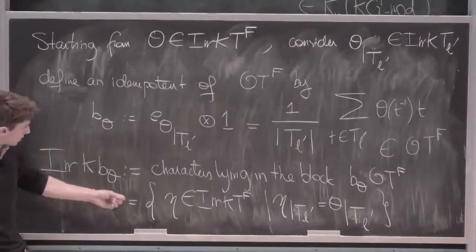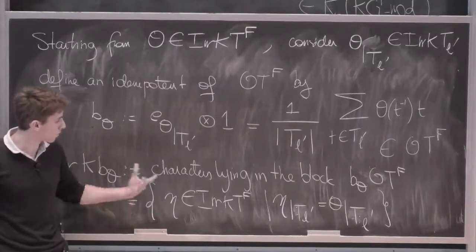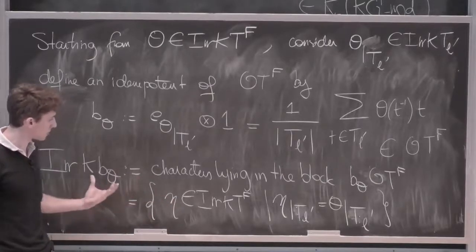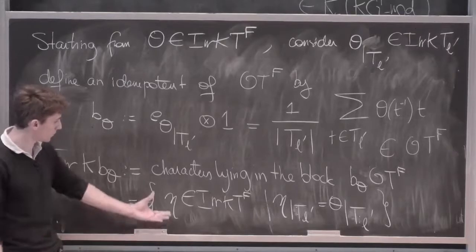And in this set, there is one you can single out, because we're really looking for basic sets. We want a subset of characters which will parameterize the set of modular representations.